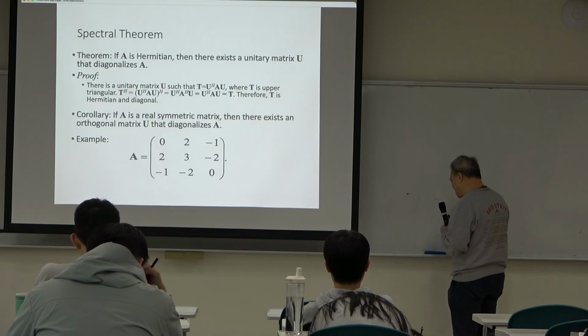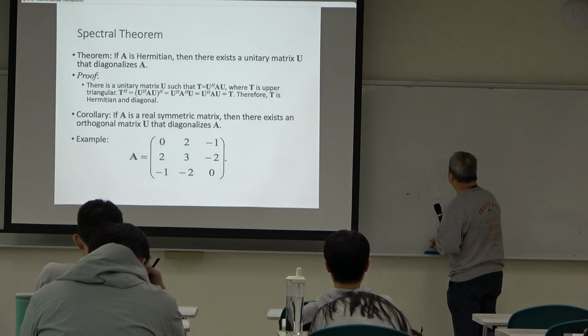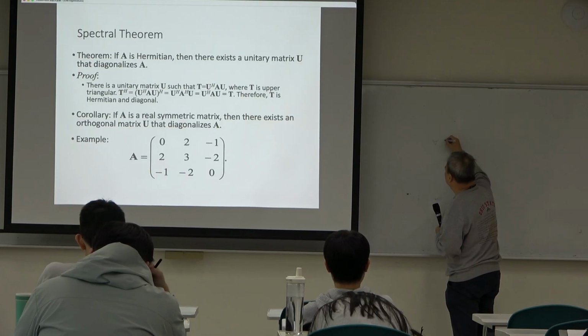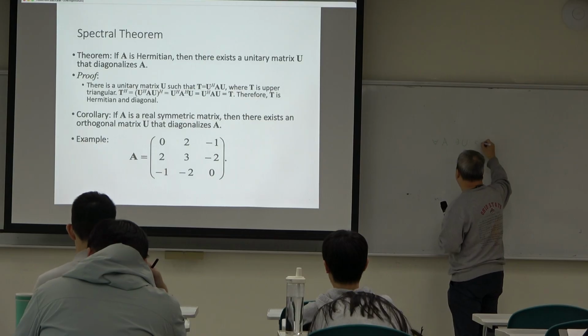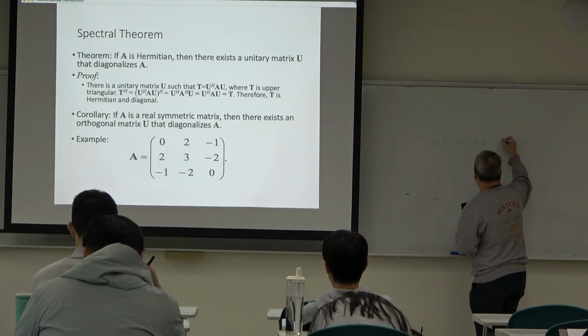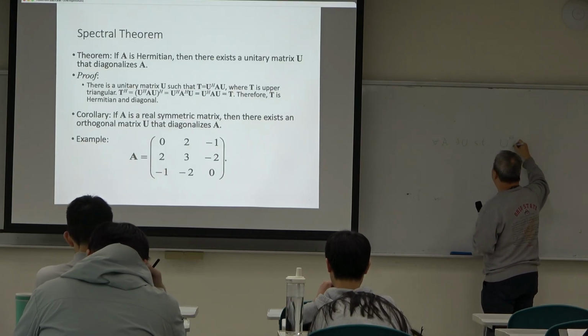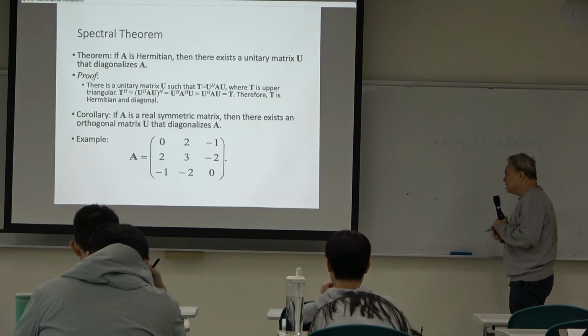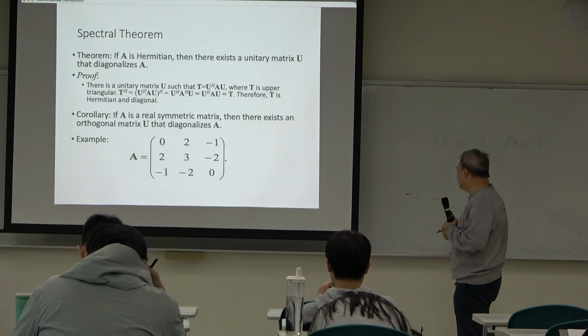we already know that for any matrix A, there exists a U such that U^H A U equals an upper triangular matrix.